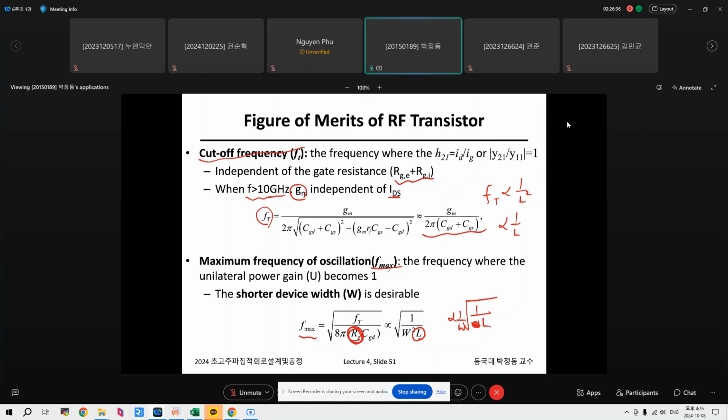Therefore, we should keep this as small as possible. Then how can we improve Fmax? We need to reduce W.